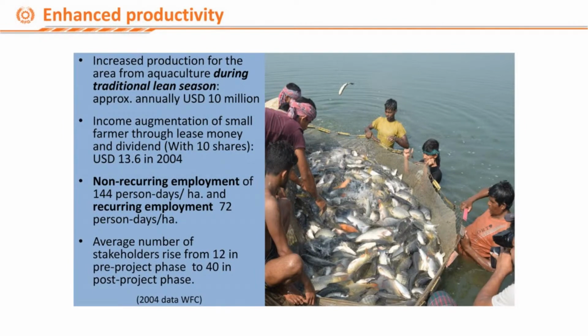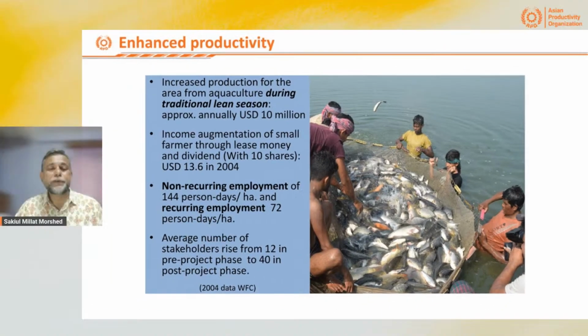Like in our cases, if I talk about the pilot project area, in one upazila, about 100 community enterprise initiatives increased fish production by about 100 million US dollars per year. This data is actually from 2004 by the World Fish Center.